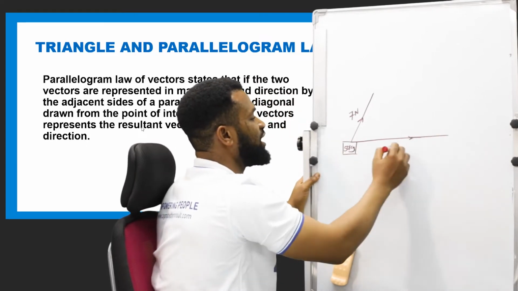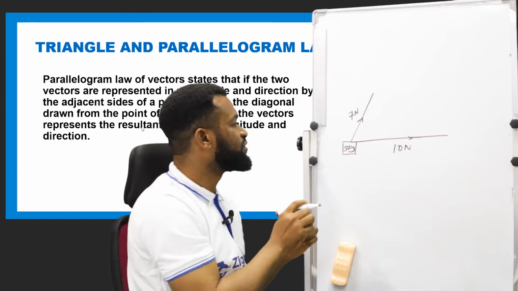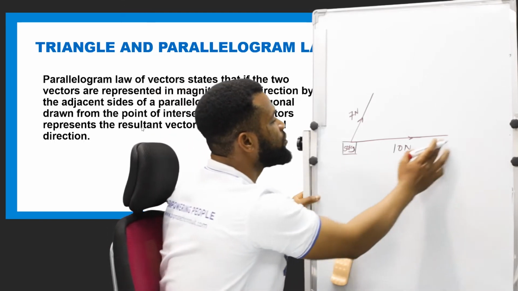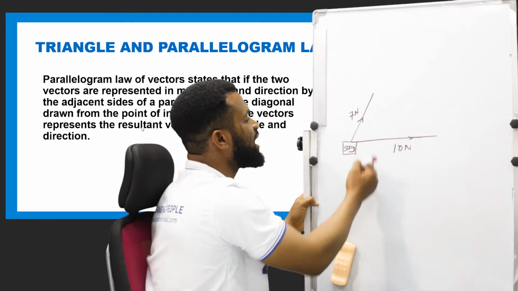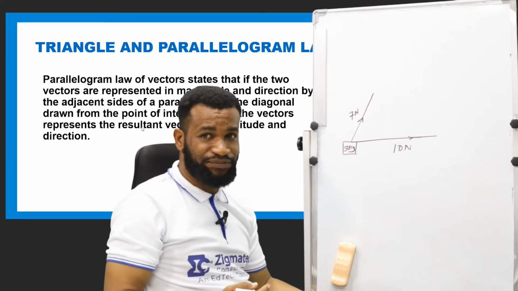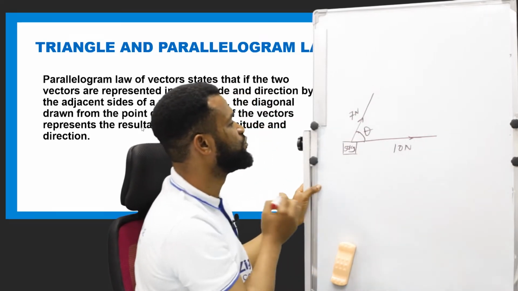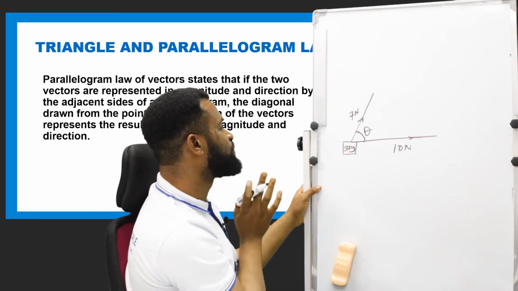Remember, this is longer, it's going to be, let's say, 10 Newton. Now, what happens? We have formed two kinds of lines. Now, what is the resultant? But remember, there must be an angle, theta.